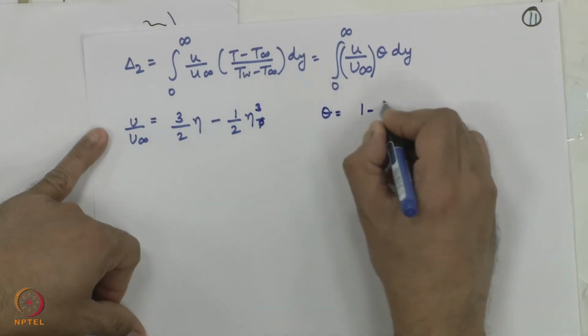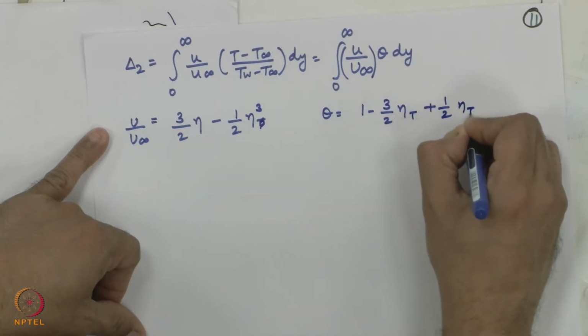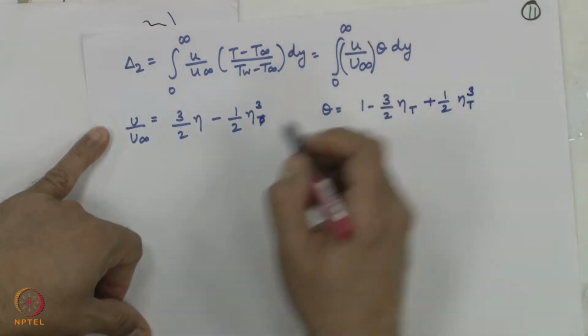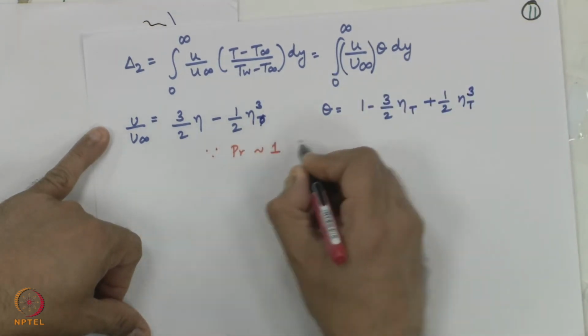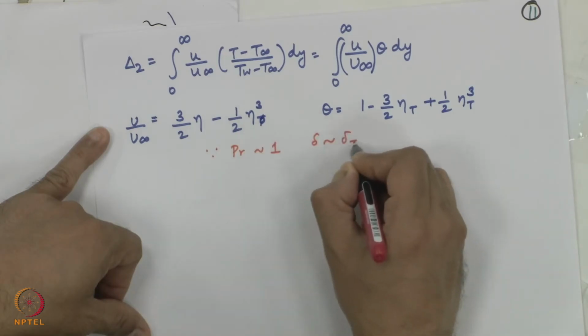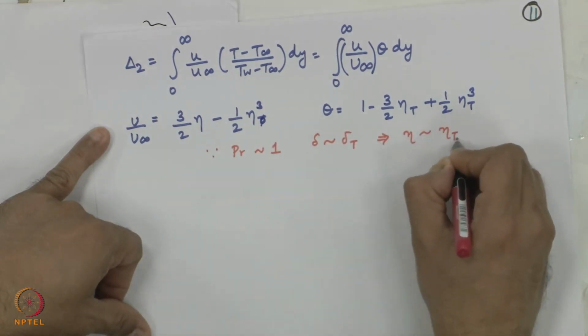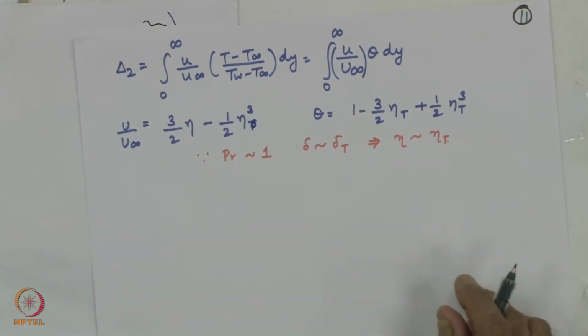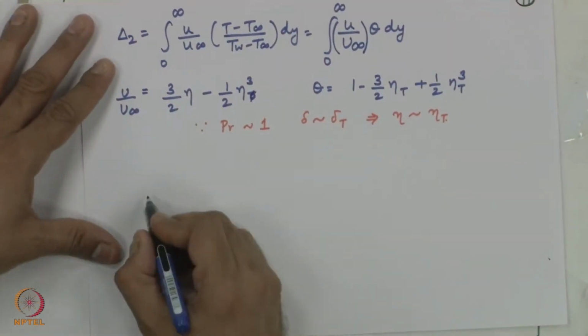Theta is 1 minus 3 by 2 eta t plus half eta t cube. Because Prandtl number is of the order 1, delta is of the order of delta t, implies eta and eta t are identical. Please remember, this is very important and we are getting a very specific solution, and this requires a little bit of explanation.